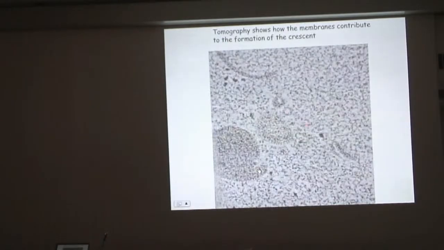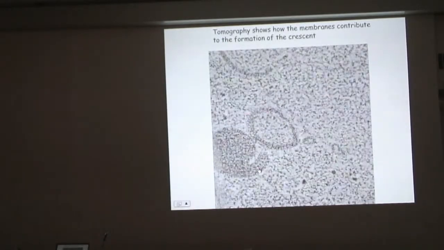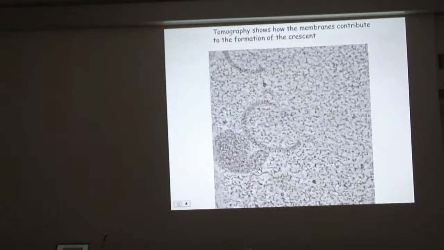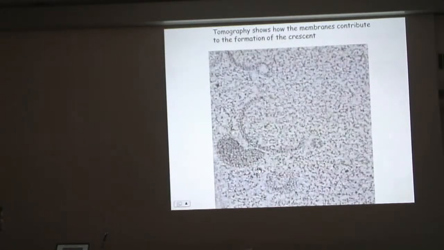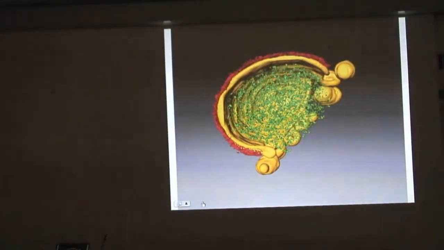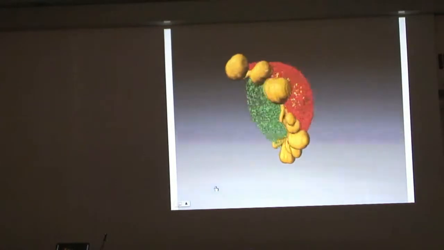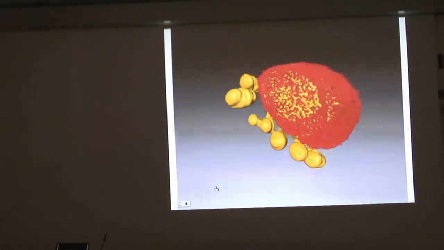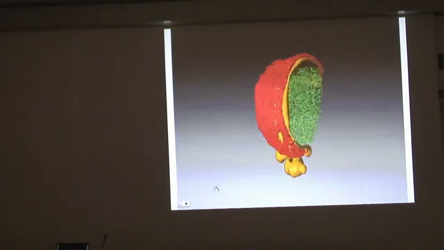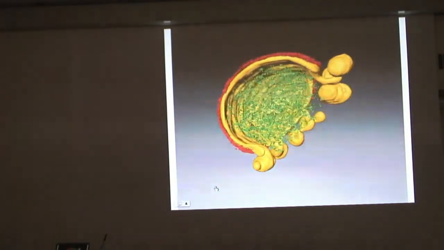Here are the small membranes again, and you can see how they're actually continuous here with this growing crescent membrane. So perhaps in the rendering it's easier to appreciate. This is the model. Basically, we have the yellow membrane here, continuous with all of these heterogeneous membranes, and these heterogeneous membranes are all open in 3 dimensions.